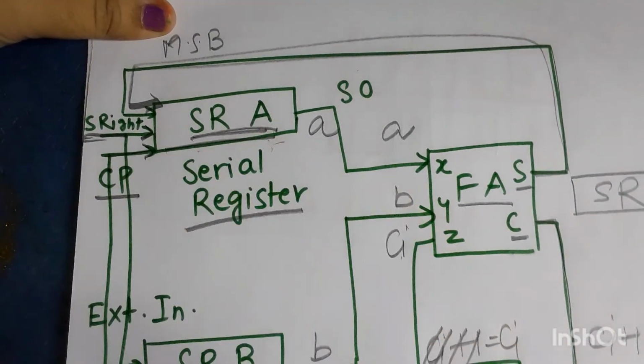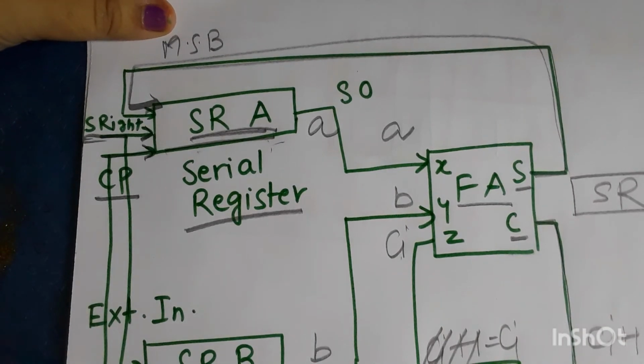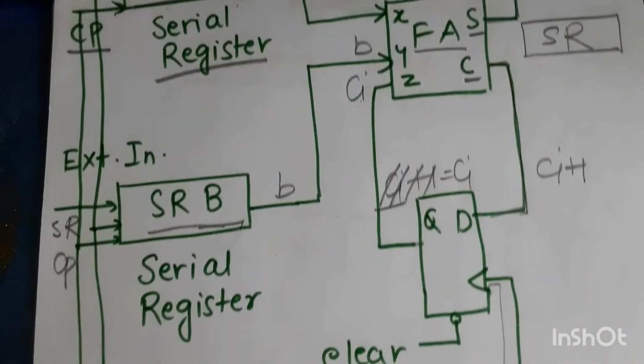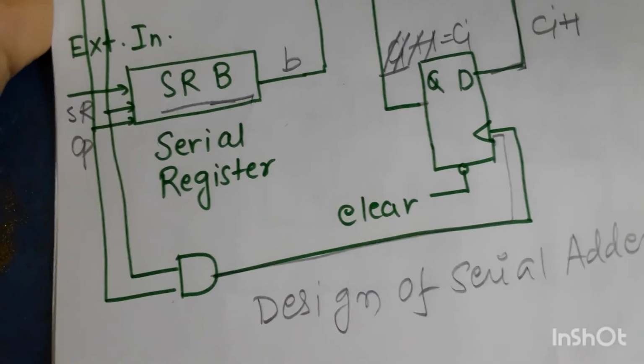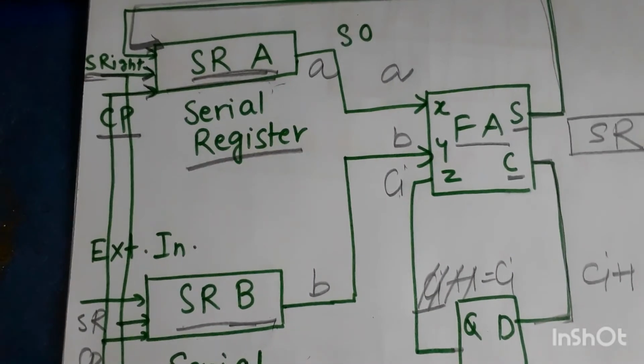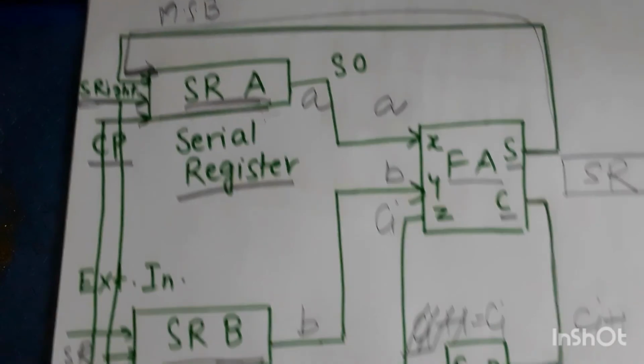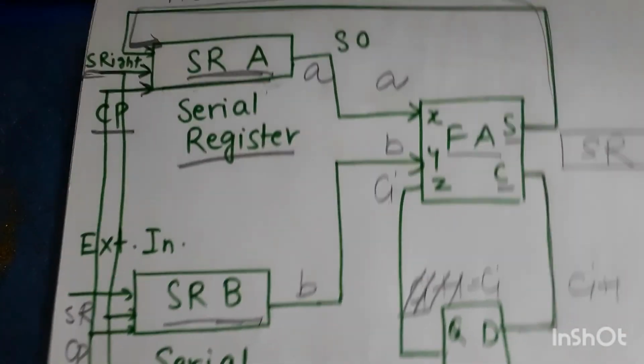The shift register A would store the value of S, the sum. So this is the design of the serial adder. I hope I am able to make you understand the serial adder block diagram for the first case.